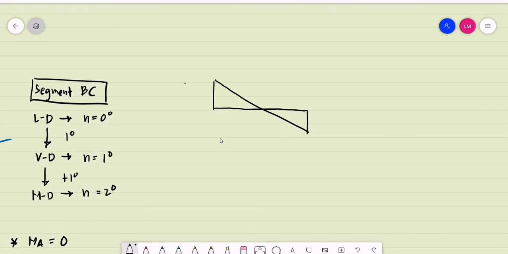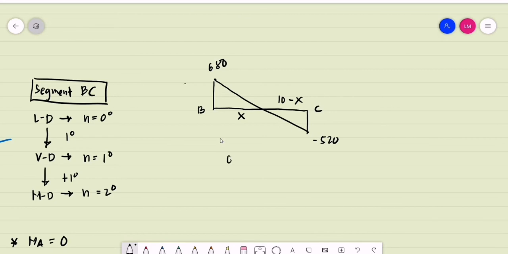This is for segment BC. The magnitude of the shear at point B is 680. At C is negative 520. If this is x, this distance is 10 minus x.